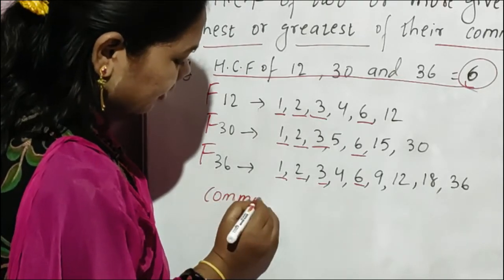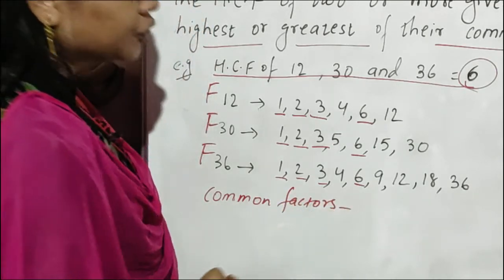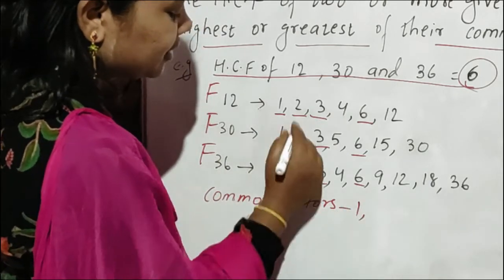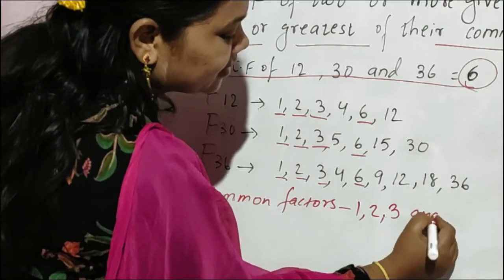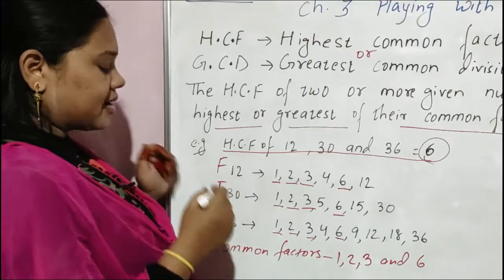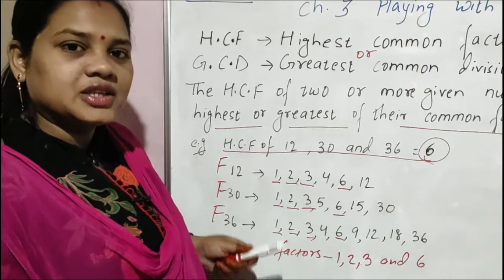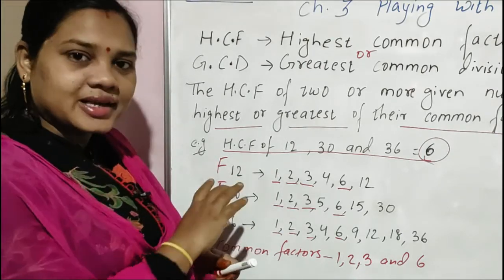Common factors means factors which are common to all. So what is common to all? 1, then 2, then 3 and 6. These four factors are common to all, which means these four factors divide all three numbers exactly.